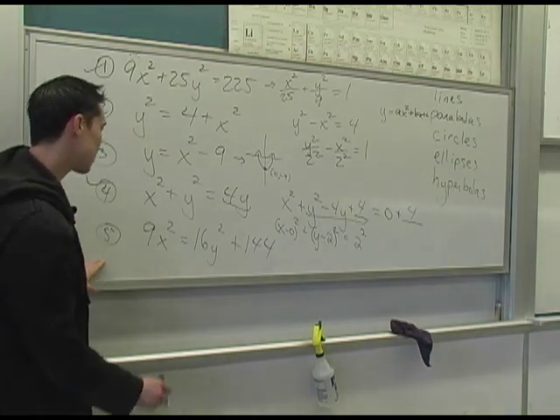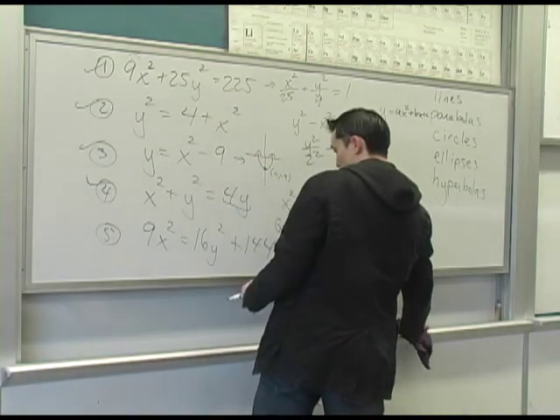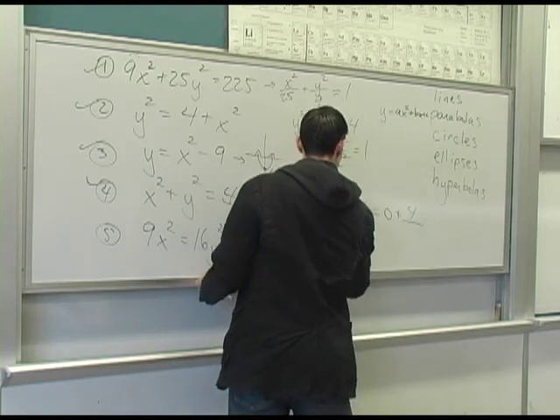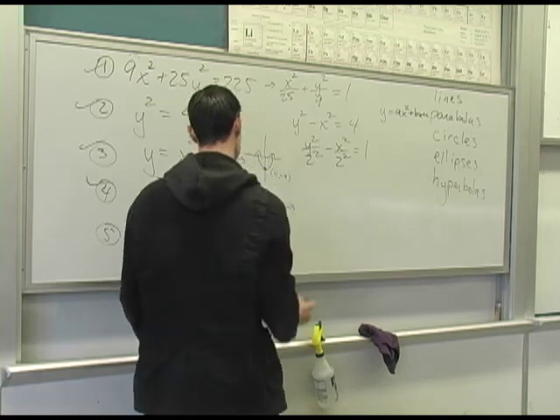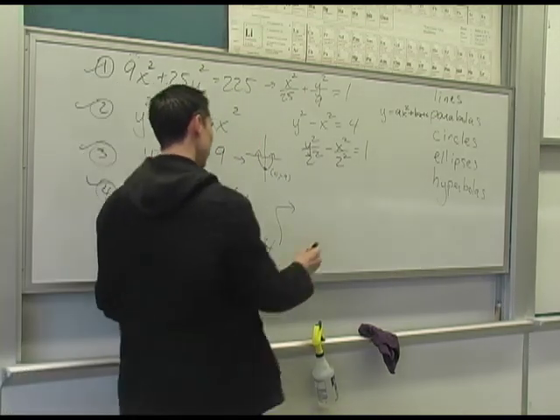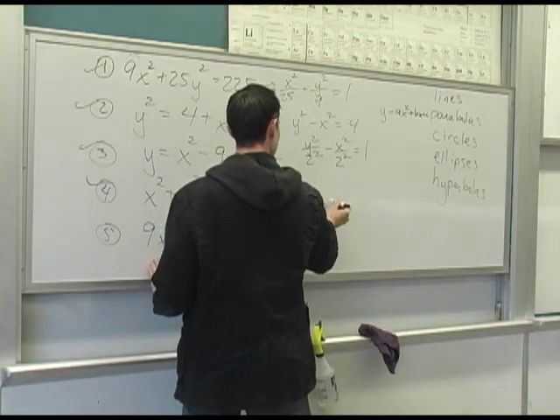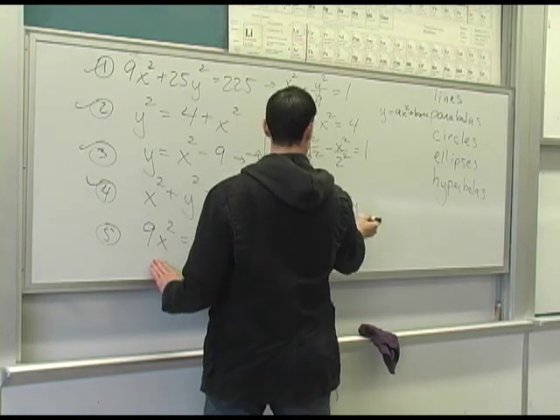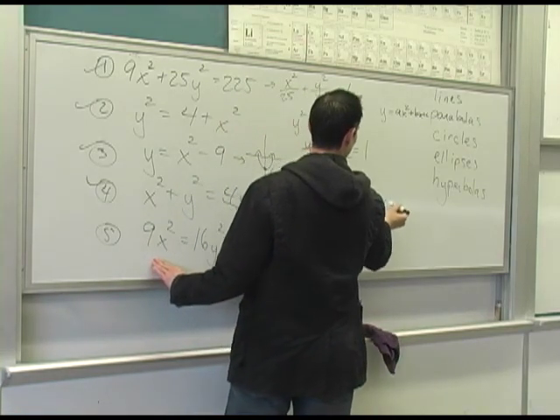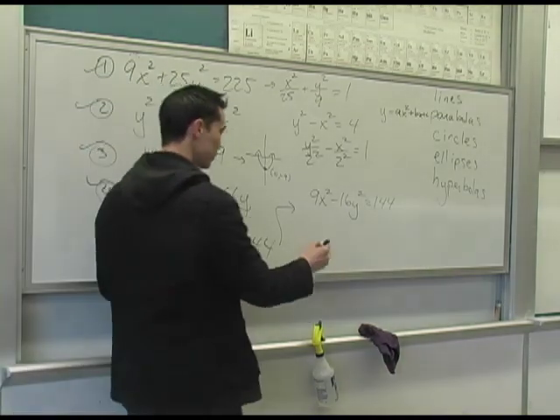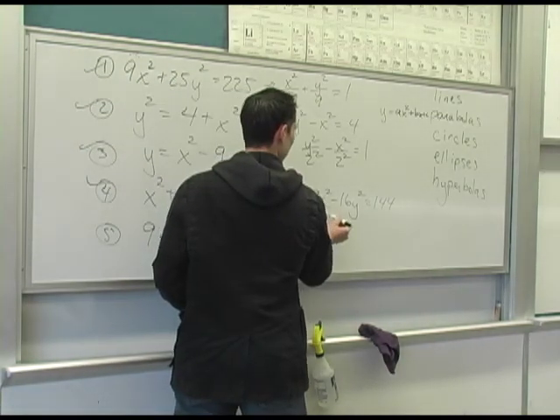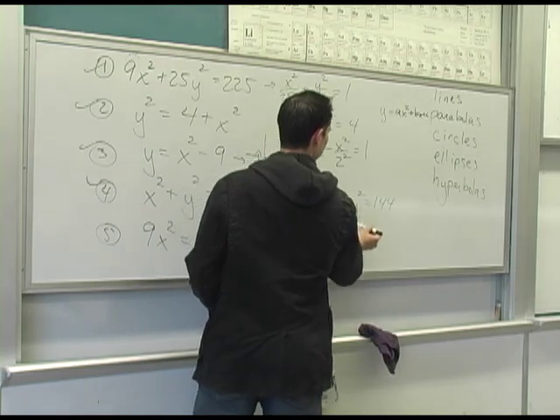And last but not least is number 5. Let's make some room for number 5. What did you guys do for number 5? Subtract 16, right? Get it in standard form. So you have 9x squared minus 16y squared equals 144. Divide everything by 144. Let's get through this. And tell me what you get in standard form.